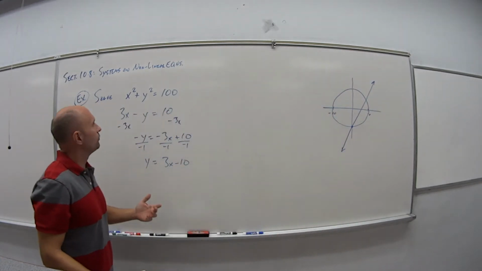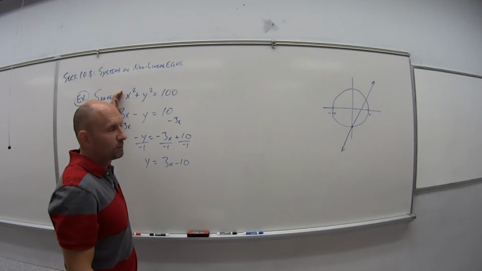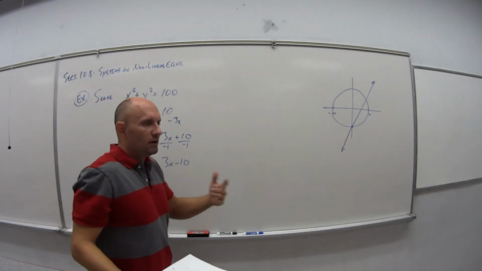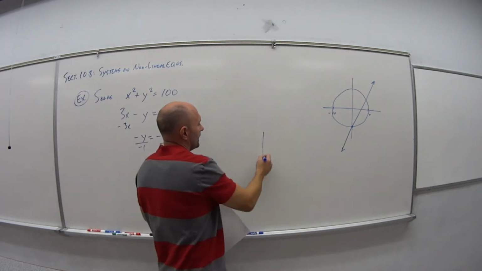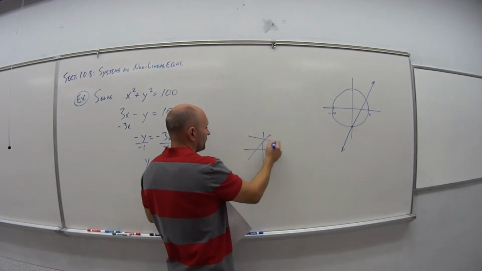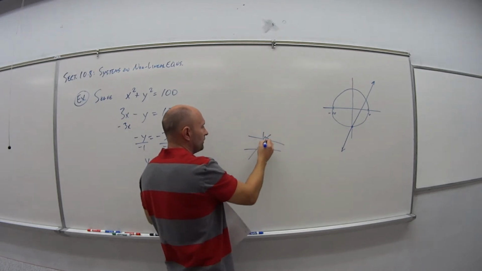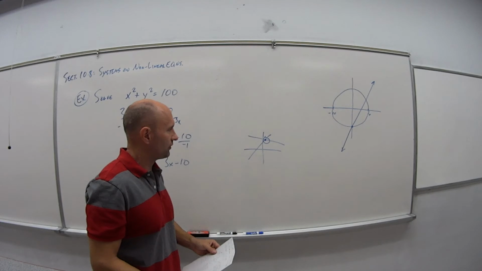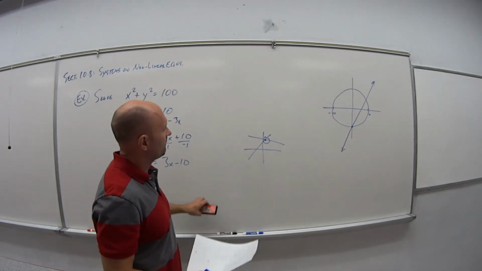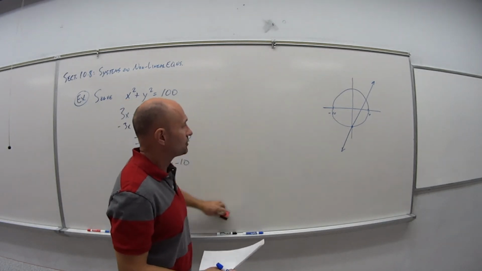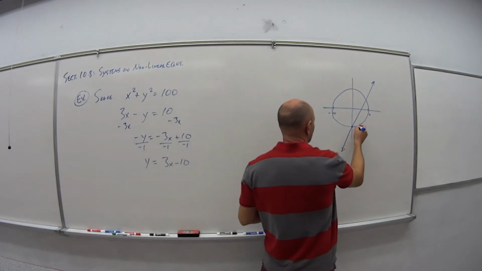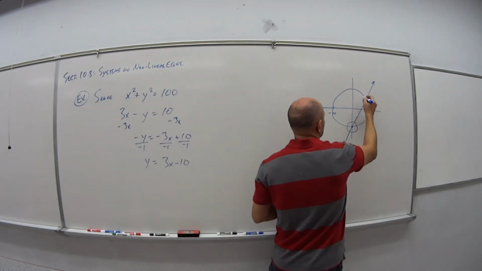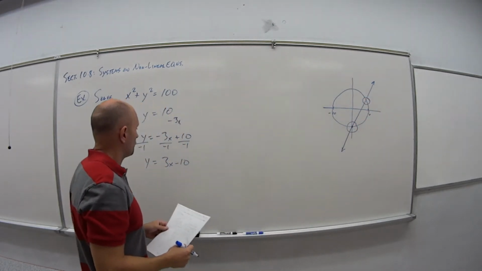What we are doing when we are solving these systems of nonlinear equations, just as before when we had two lines crossing at some point and we found that point of intersection, is this: because I have a circle and a line, I actually have two different spots. I have this point and this point that I'm trying to figure out.